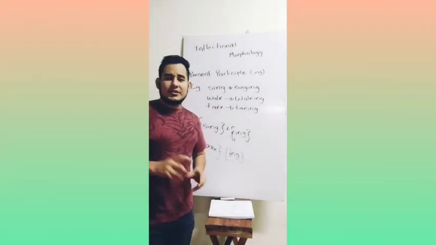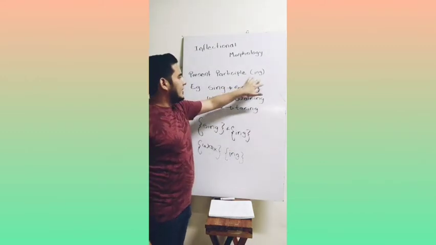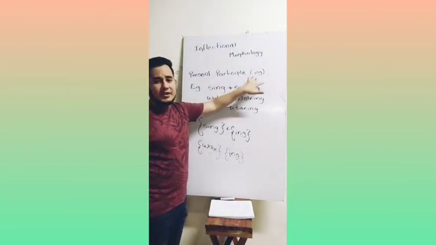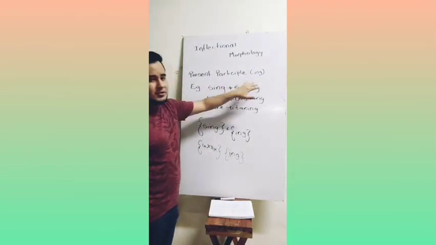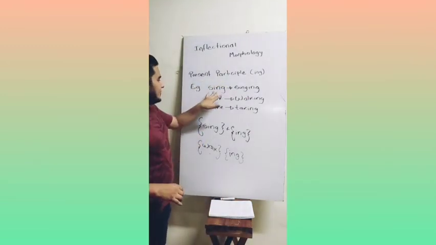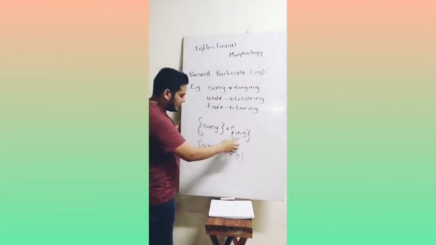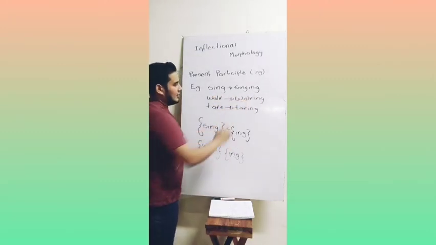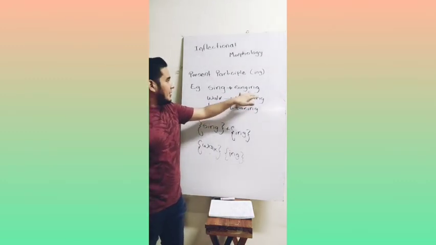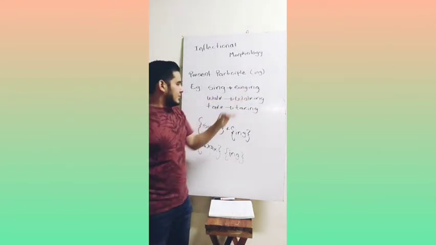Now let's continue with another inflectional suffix that we have, and it is the ing suffix. We use ing plus the verb to turn it into the present participle. For example, we have the verb sing, then we add the suffix ing, and we get singing. This is an inflected verb, but it is in the present participle, so that's why we have the ing.